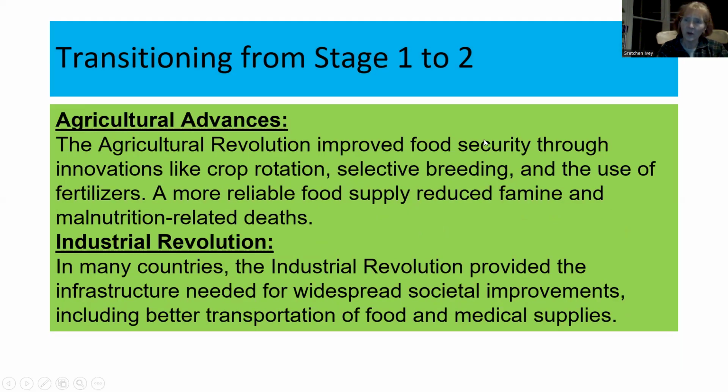Okay, there's also agricultural advances that help a country transition from stage 1 to stage 2. So the agricultural revolution improved food security through innovations like crop rotation, selective breeding, and the use of fertilizers. So what is crop rotation? The Industrial Revolution actually began in agriculture. Now, farmers used to have, let's say, an acre of land.